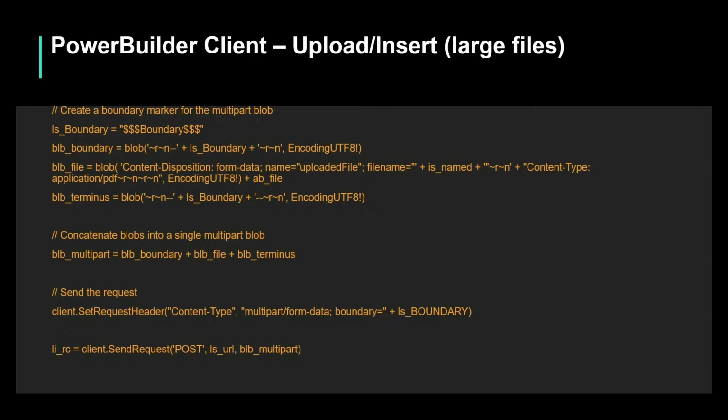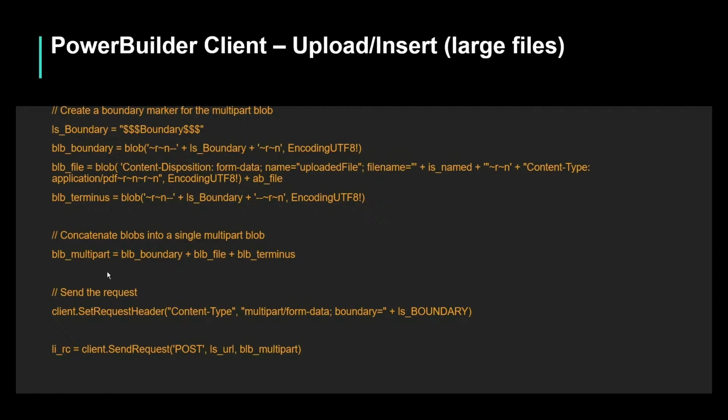And so the first few lines of code were marking a boundary and concatenating several blobs together. The end game with all of that is to have a request header that contains the form data, the uploaded file, the name of the file, the content type, and the encoding involved.